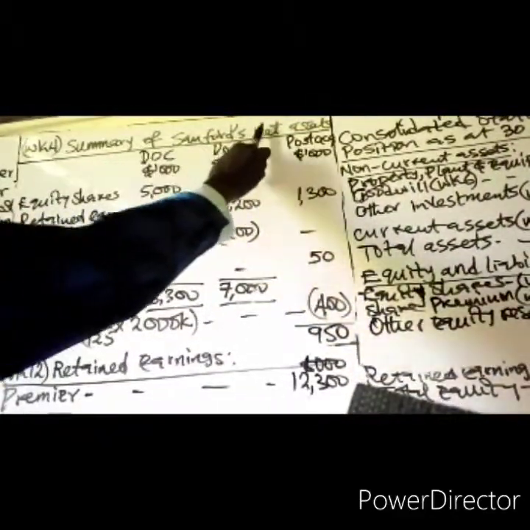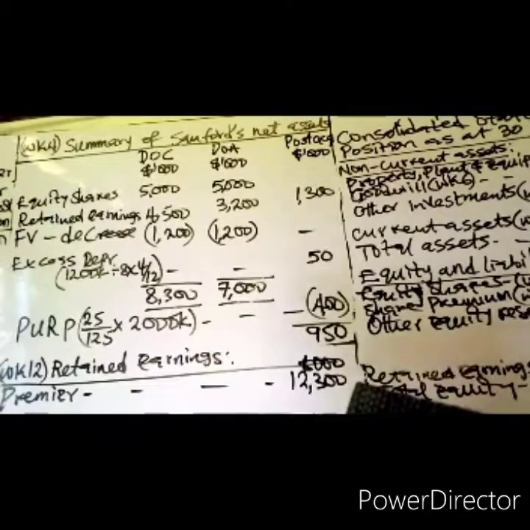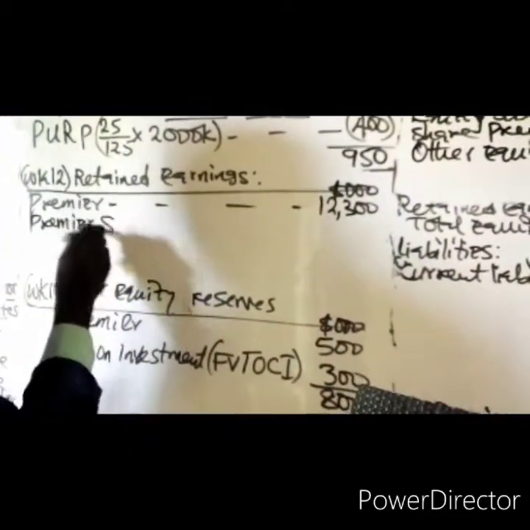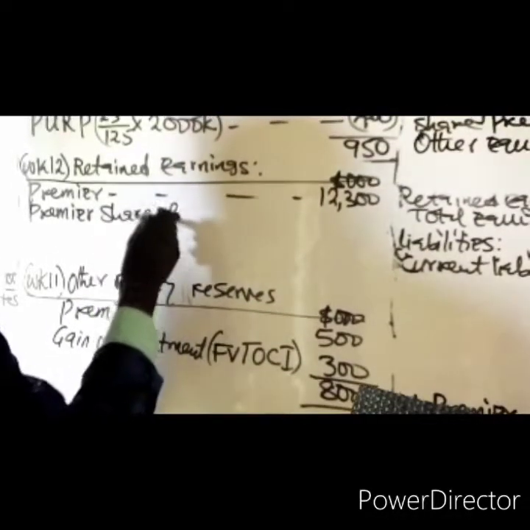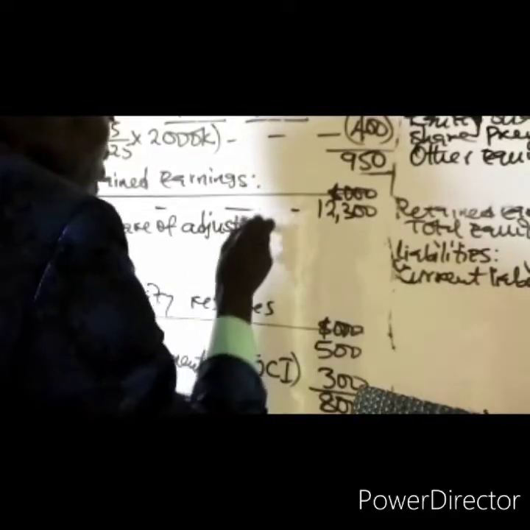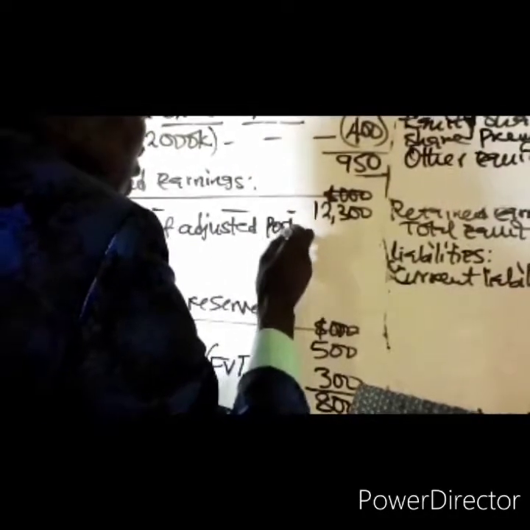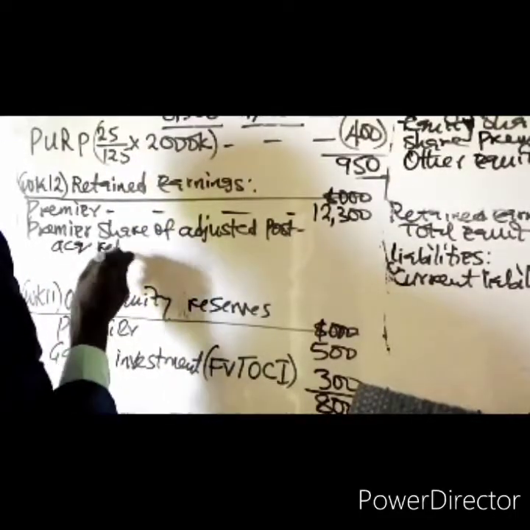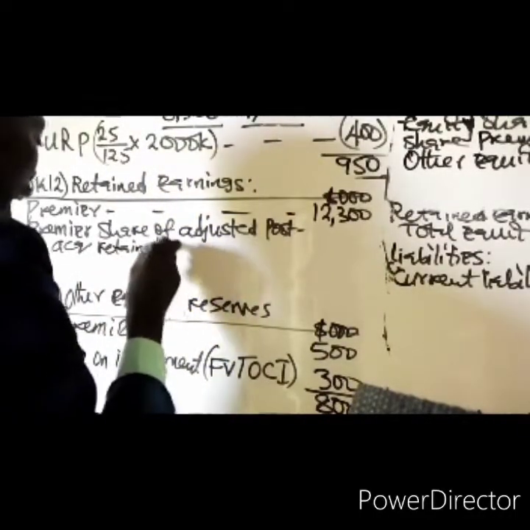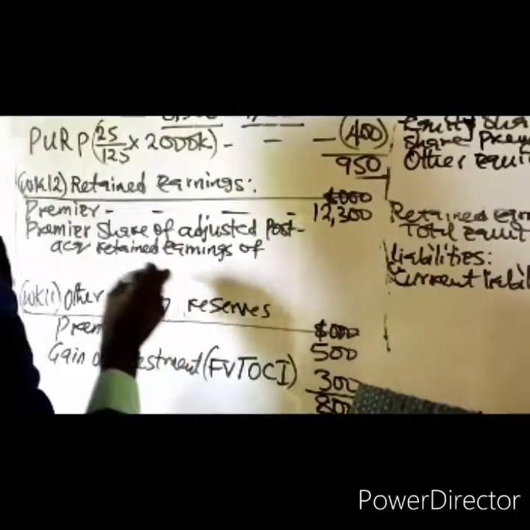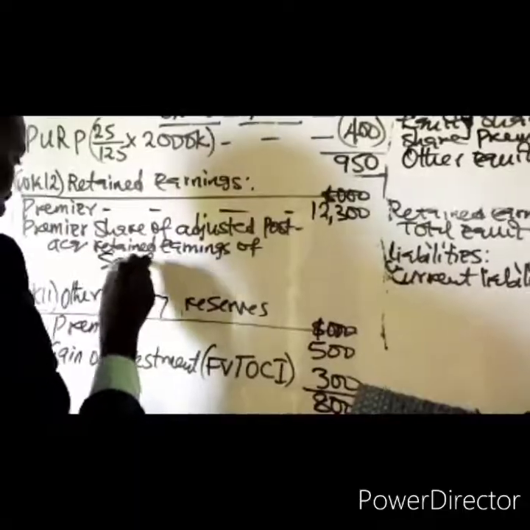Summary of Sanford's net assets. So we now have Premier share of adjusted post acquisition retained earnings of the subsidiary, that is Sanford.